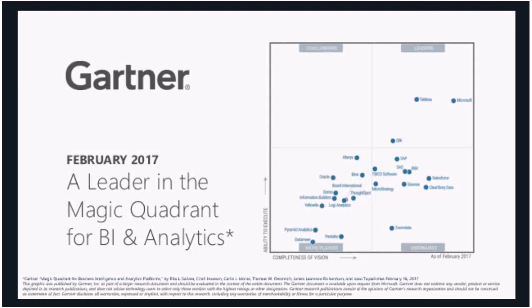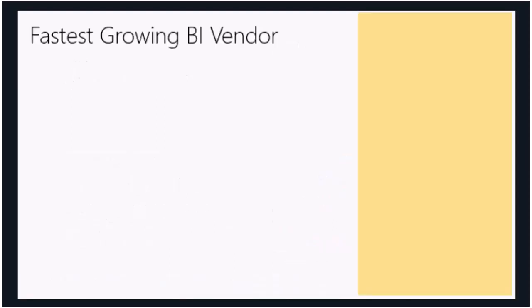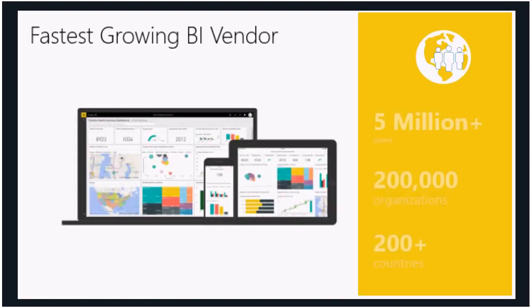We're number one on completeness of vision compared to all the other vendors that are in the market. And on our ability to execute, again, we're on par with the number one competitor there. So as you can see, Gartner is recognizing what Microsoft is doing and positioning us accordingly in the Magic Quadrant.